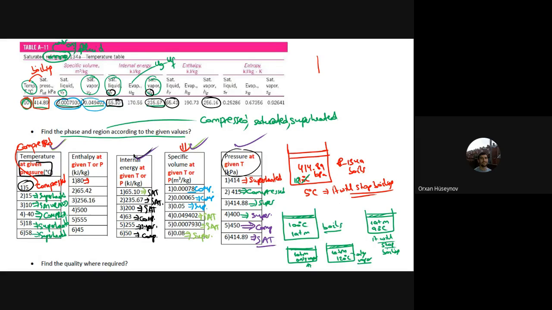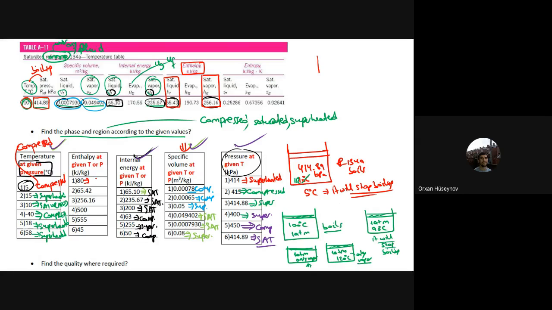So you can see the enthalpy column here. This part is the saturated liquid enthalpy, and this part is the saturated vapor. This is the g part, and this is the f part. So what will be the region? 80, saturated.